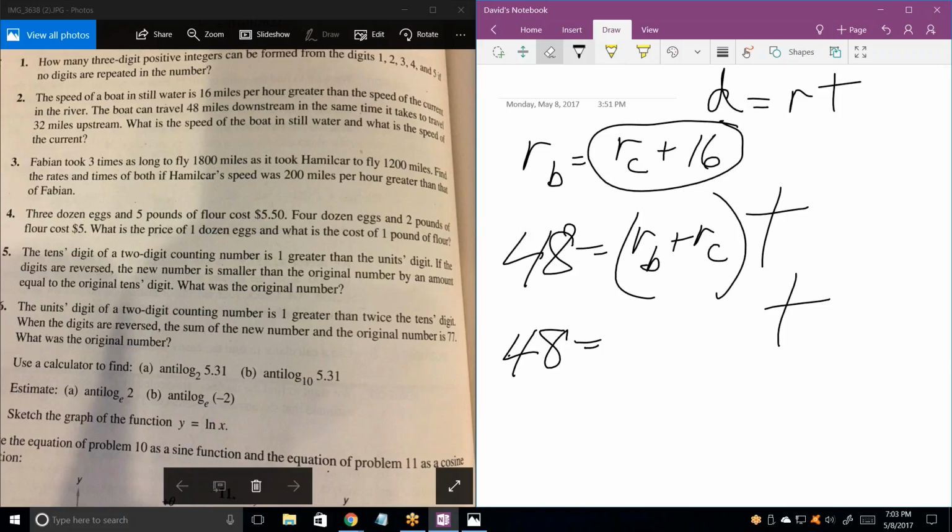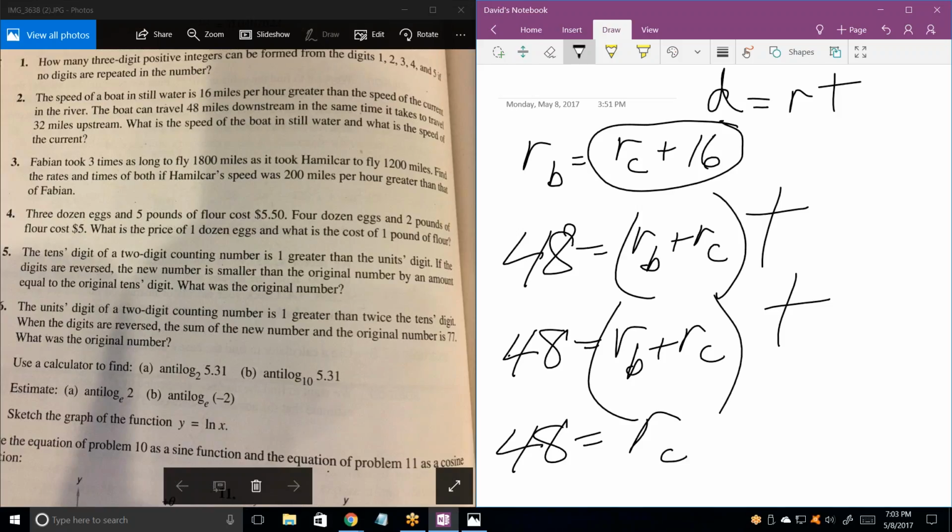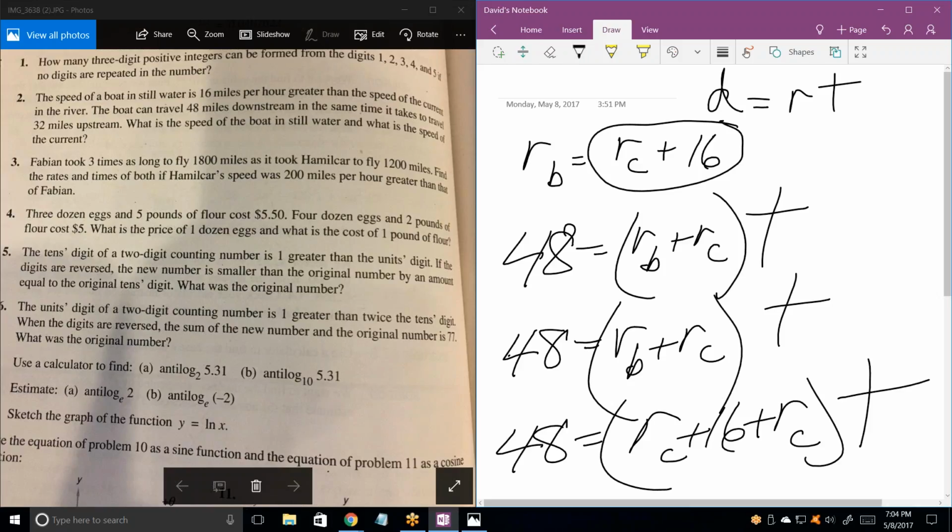So, in other words, when you're going downstream, it's the rate of the boat plus the rate of the current. Which means 48 equals r sub c plus 16 plus the rate of the current. So that's the equation we have when we're going downstream.